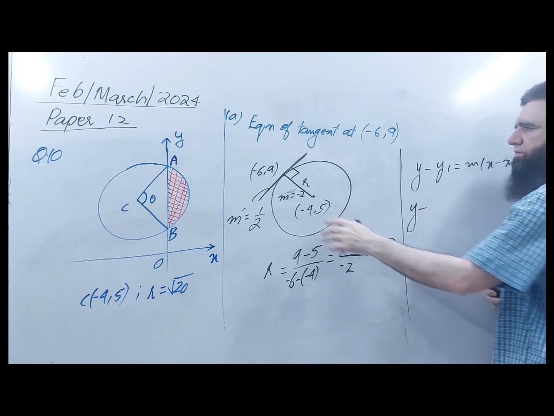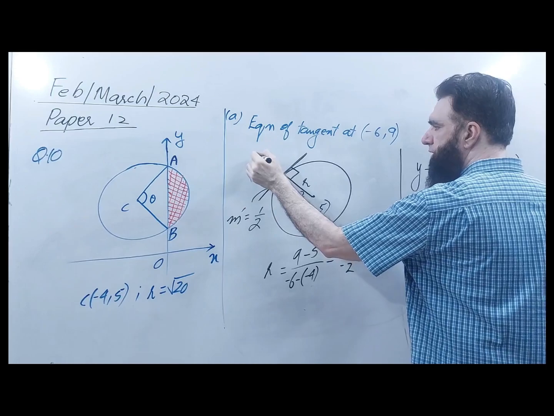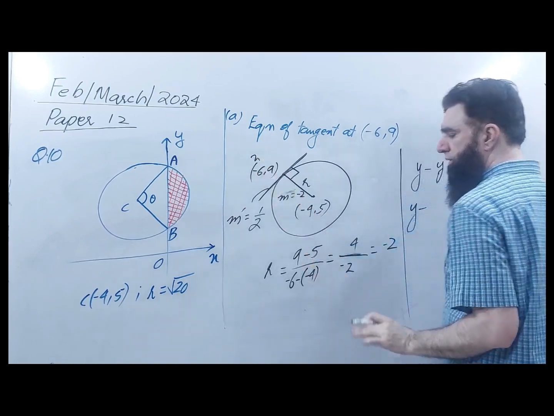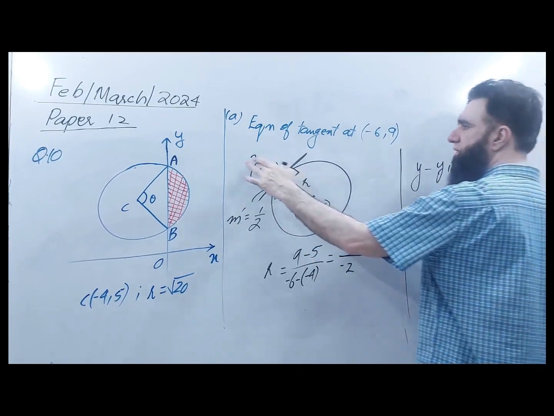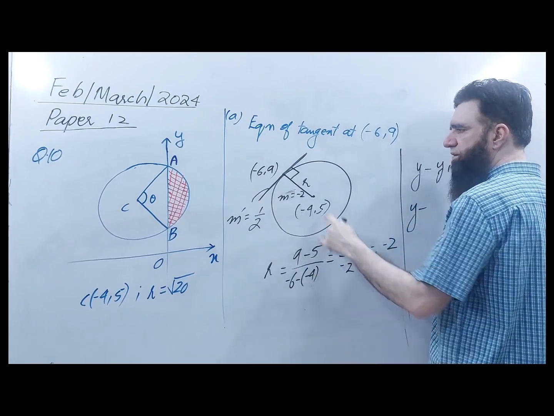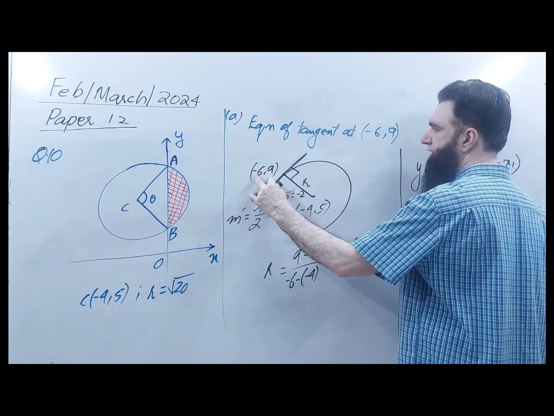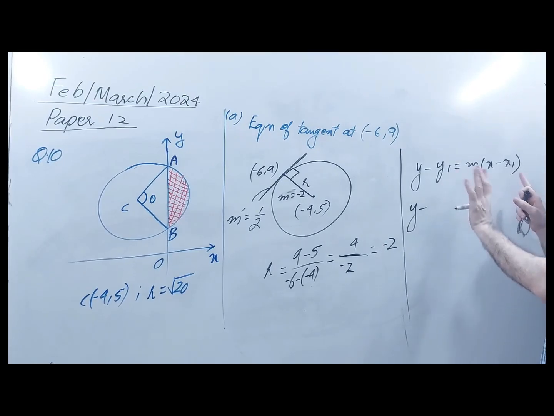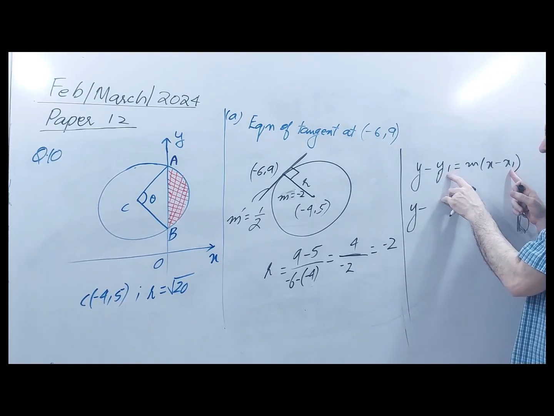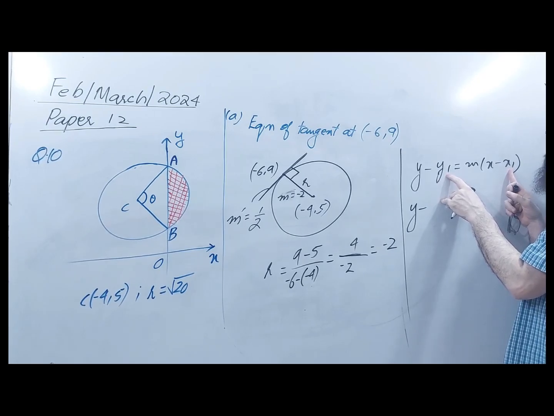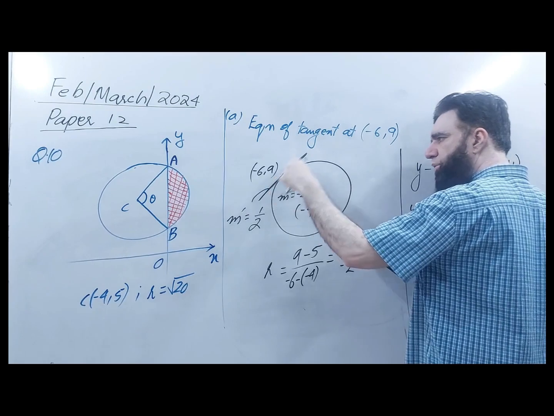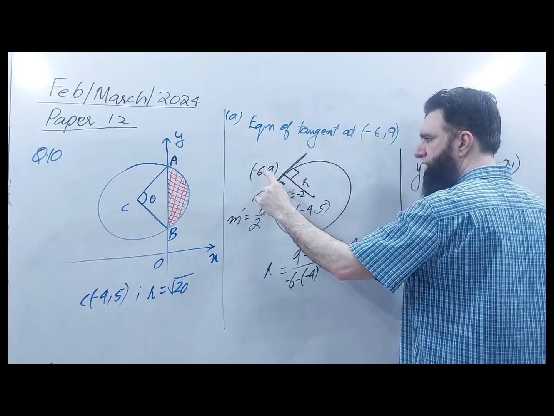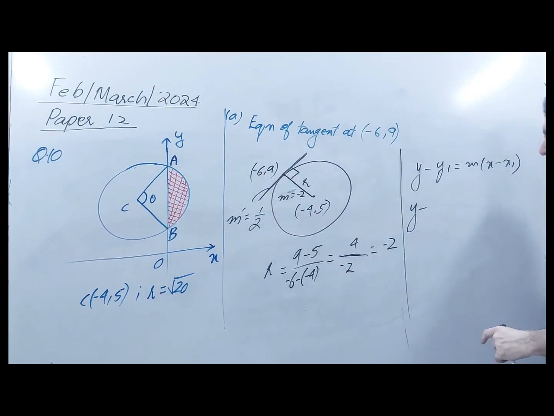So x1 and y1 is the given point on the line. Please do not confuse it with the fact that in the gradient of the radius, I used these points as x2, y2, and now for the equation of the line I'm using them as x1, y1. It doesn't make any difference. This is the point on the line whose equation we are trying to find, (-6, 9).